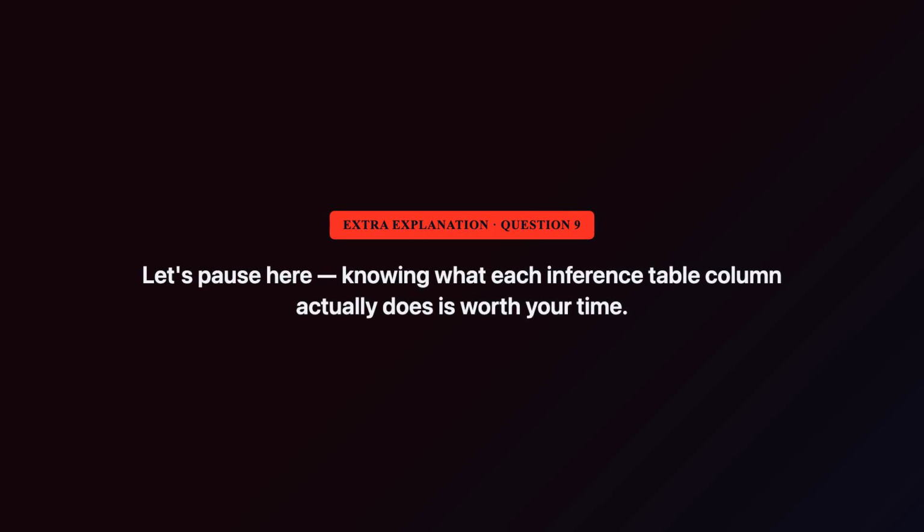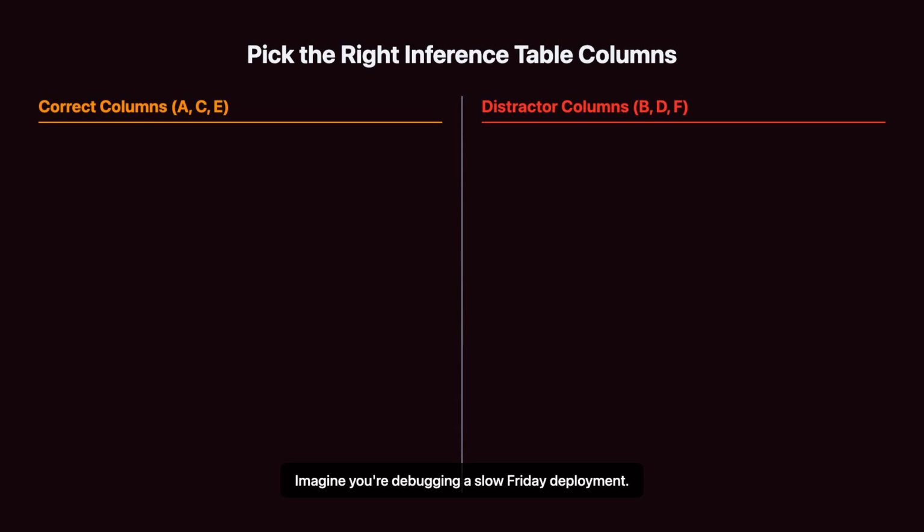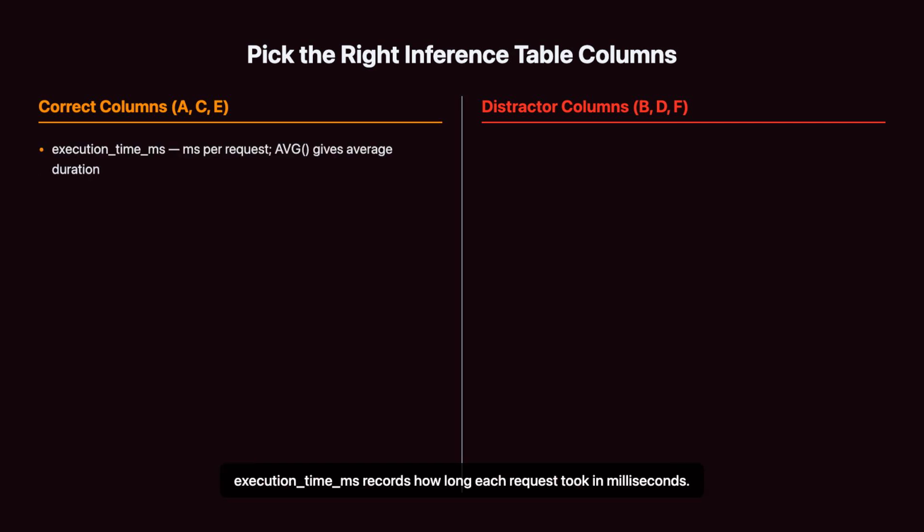Let's pause here. Knowing what each inference table column actually does is worth your time. Imagine you're debugging a slow Friday deployment. Your model serving endpoint has an inference table, a log of every request. 3 specific columns solve this question's 3 requirements. Execution_time_ms records how long each request took in milliseconds.